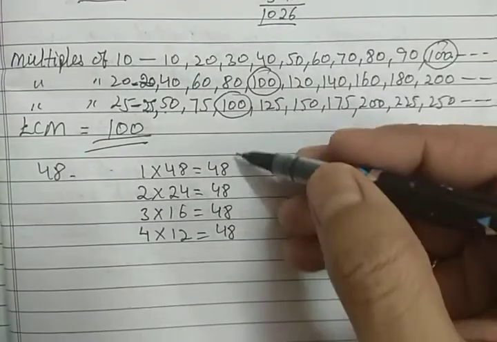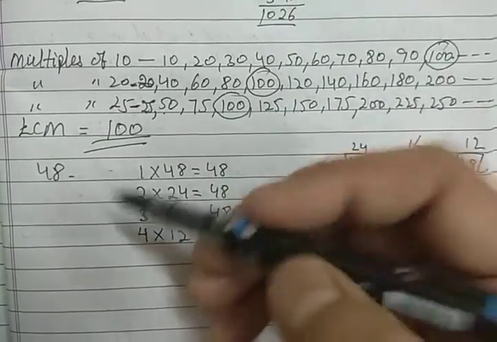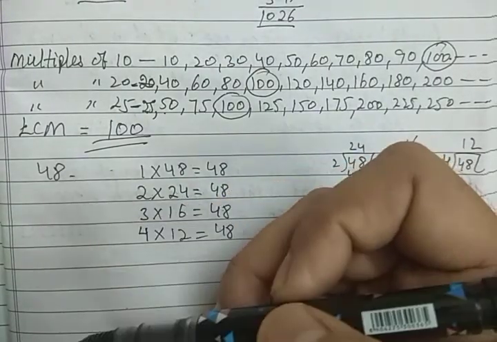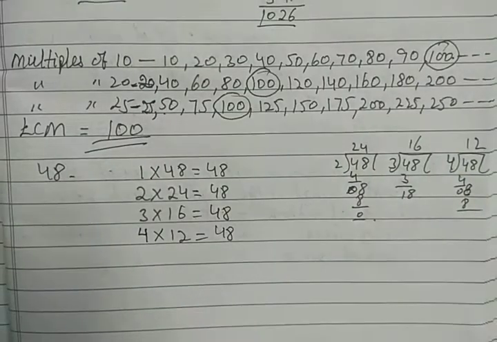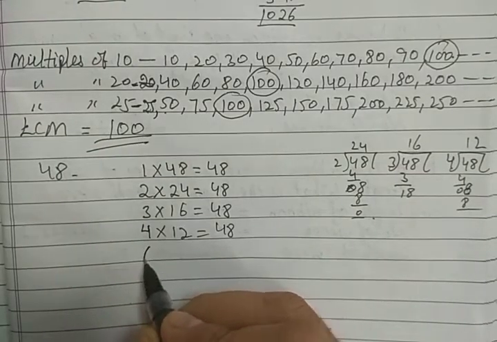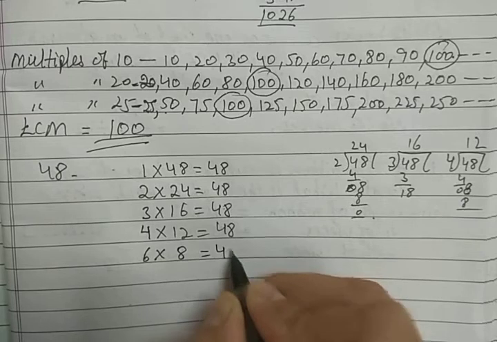Now it does not come in the table of 5 because in the table of 5, only those numbers come whose last digit, that means ones place, is 0 or 5. So it does not come in the table of 5. Now it also comes in the table of 6. 6 8s are 48.